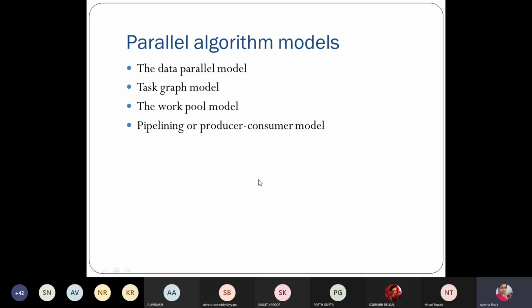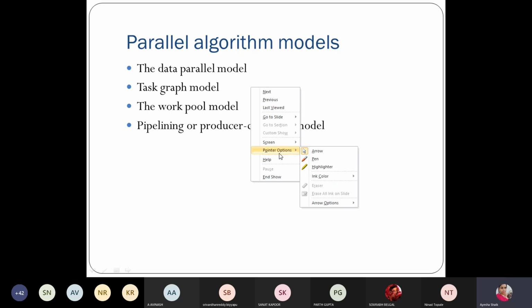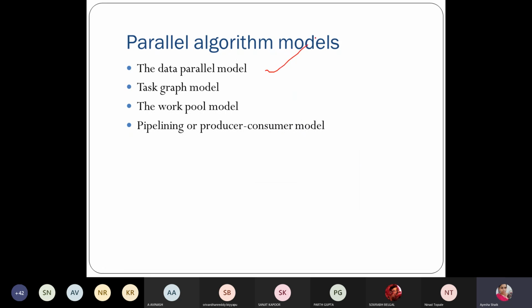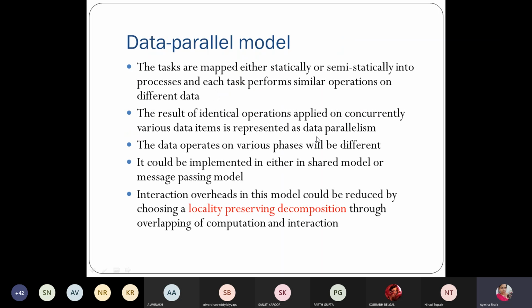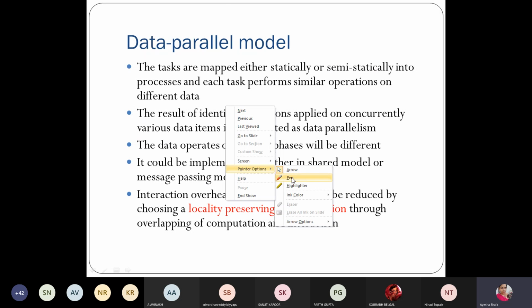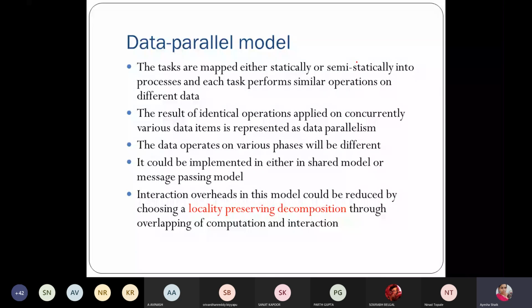And then coming to the parallel algorithm models, we have four models here: the data parallel model, the task graph model, the work pool model, and the pipelining or producer consumer model. Coming to the data parallel model, we have already discussed that tasks can be generated either statically or dynamically, and they can be mapped either in a static manner or semi-statically onto processes.